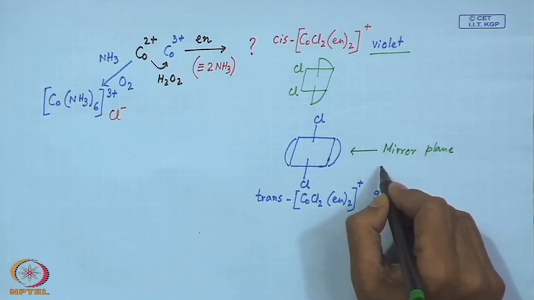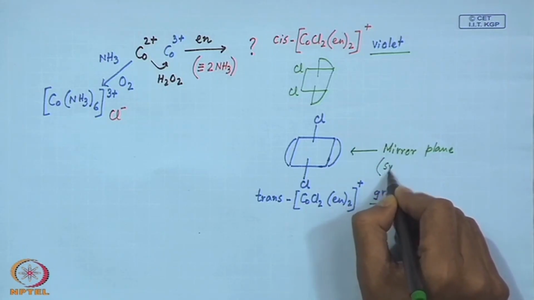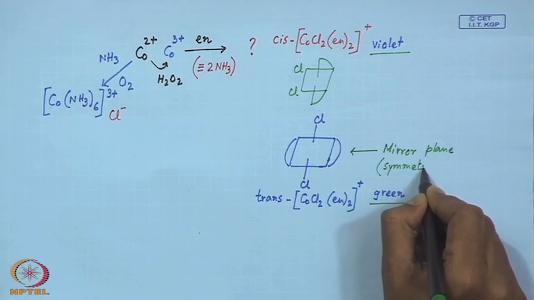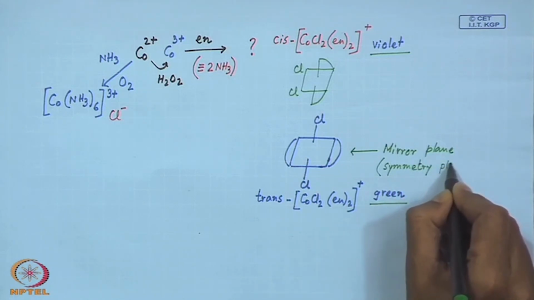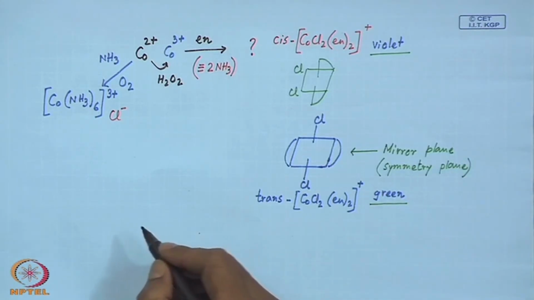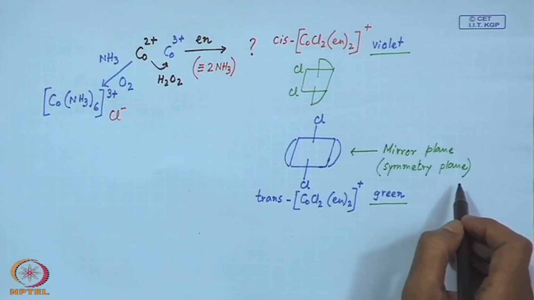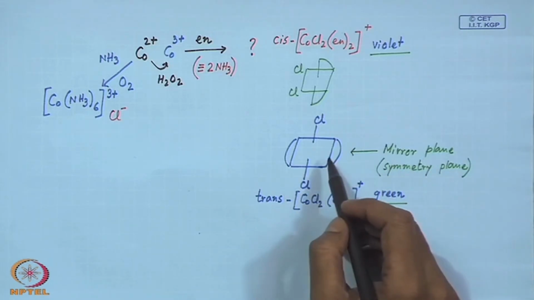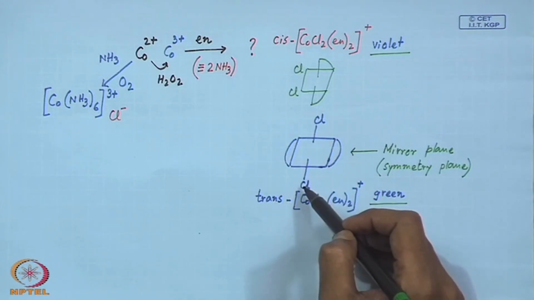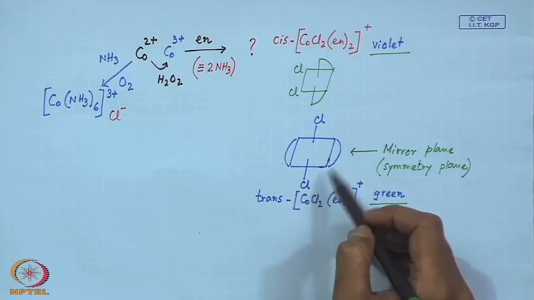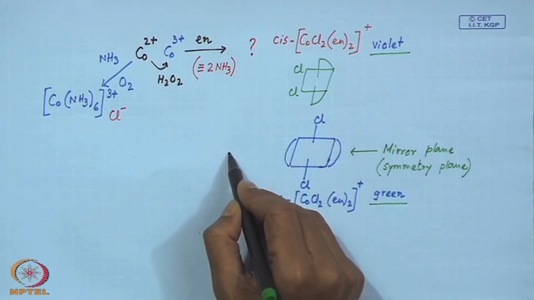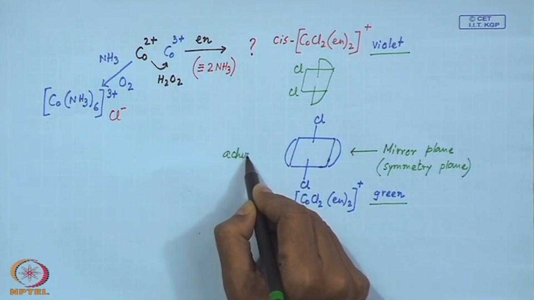So we have a symmetry plane, and this symmetry plane gives rise to a molecule where one half of the molecule is the mirror image of the other half, dividing the molecule into two, and that's why the molecule is achiral.